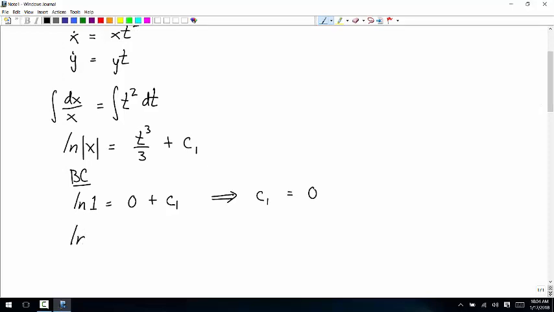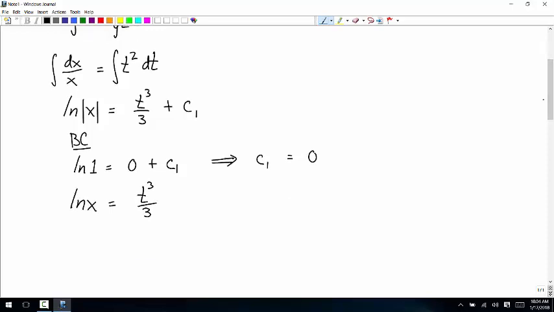So now we have natural log x is equal to t cubed over 3. And take e to the power of what's on both sides, and you get x is equal to e to the power of t cubed over 3.